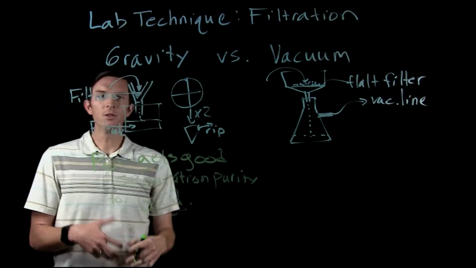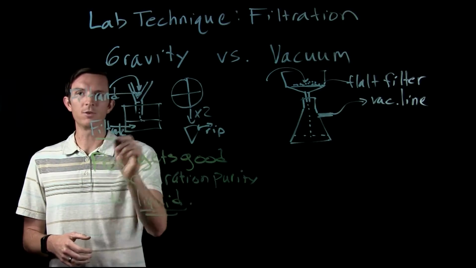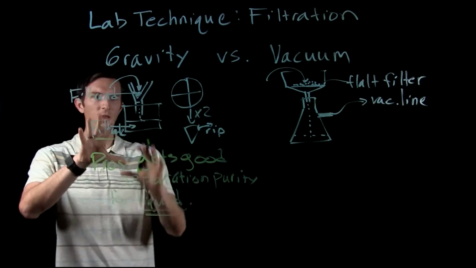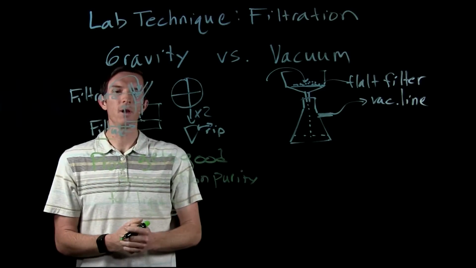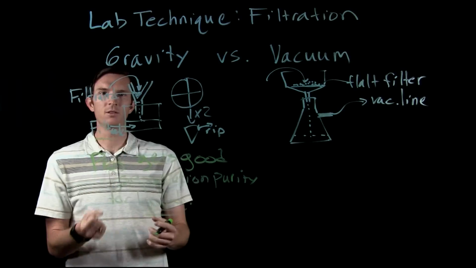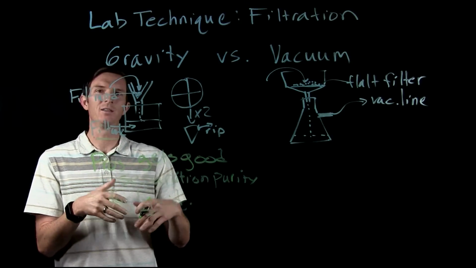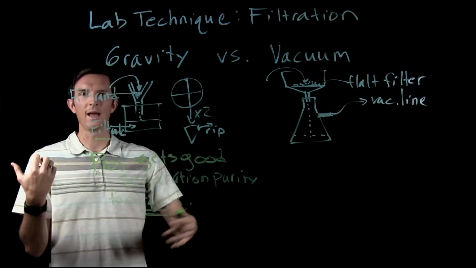We usually use gravity filtration when we're focused on the filtrate, what actually goes through. We're focused on that liquid. We don't necessarily care about the solid. Usually the solid is a byproduct or something we're trying to get out of the way.